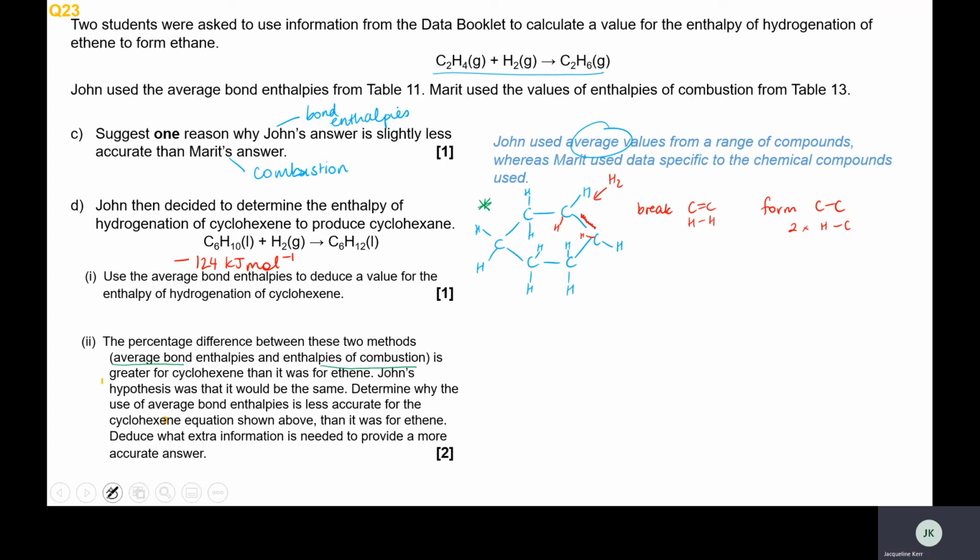Well, here's a clue in our equation, is that we've got these compounds in a liquid, whereas when we had ethene and ethane, they were gases. So there are intermolecular forces at play in a liquid. So the neighboring cyclohexene molecules, there are some interactions. And you would actually have to break those forces apart as well before you could, if you were reacting it or if you were going to combust it, which would give you a bigger difference. So again, here's one I've prepared earlier for you.